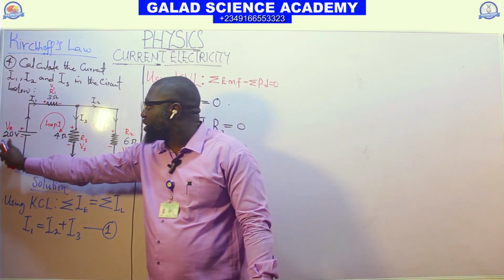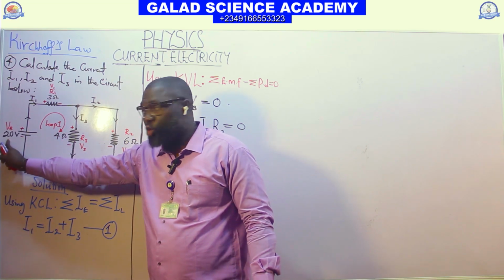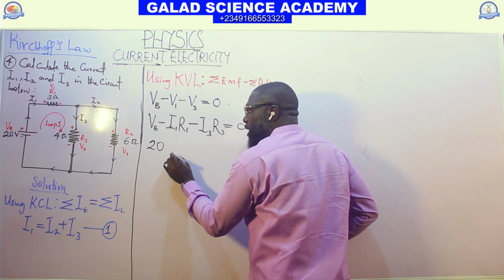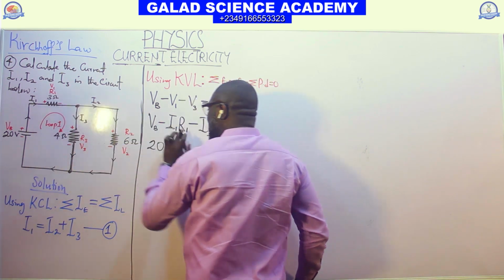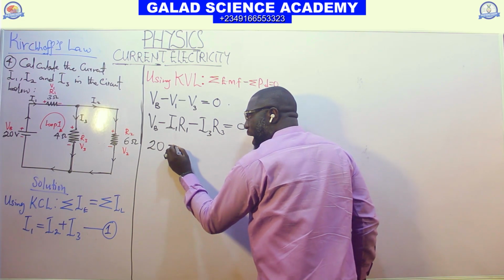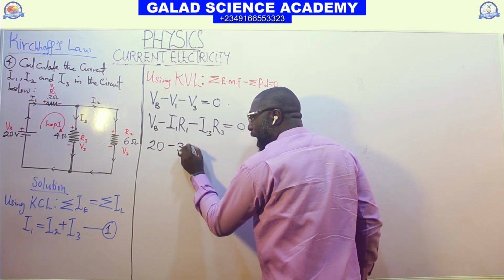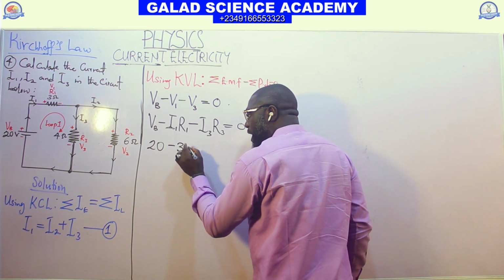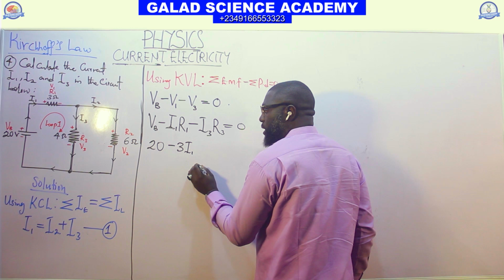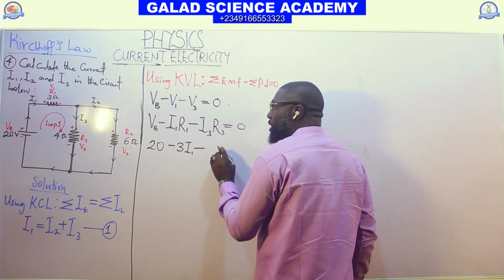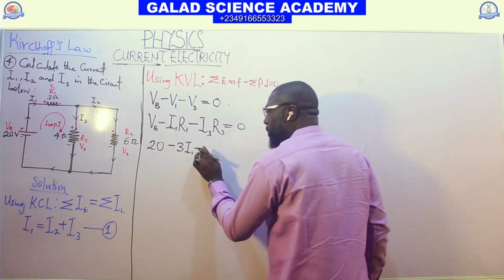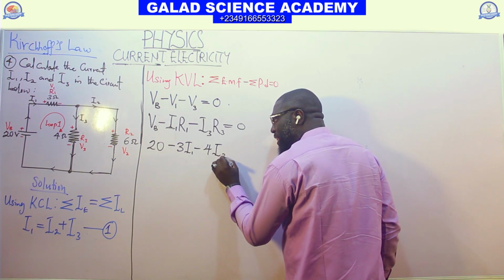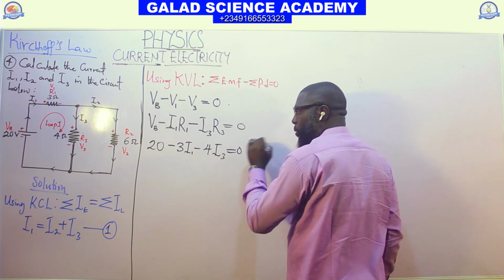From this circuit, we are given the voltage of the battery, which is 20. Put it here: 20, minus the unknown current with resistance R1 being 3, so minus 3I1. Then here too, R3 is 4, so minus 4I3 equal to 0.